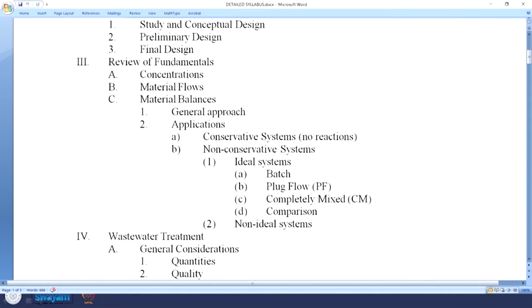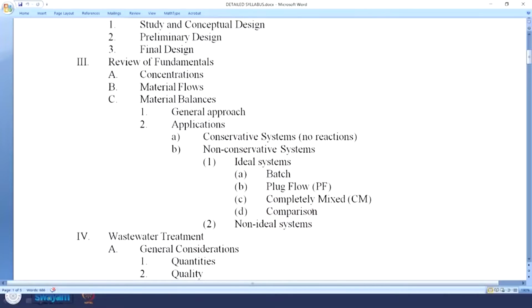And then before we start getting into wastewater treatment, we are going to review the fundamentals. Obviously, people might not have the background in the relevant aspects such as concentration, flows or mass balances, so we will have to look at that, or those people who do have a background might be relatively rusty in these areas. Then we will look at mass balances.